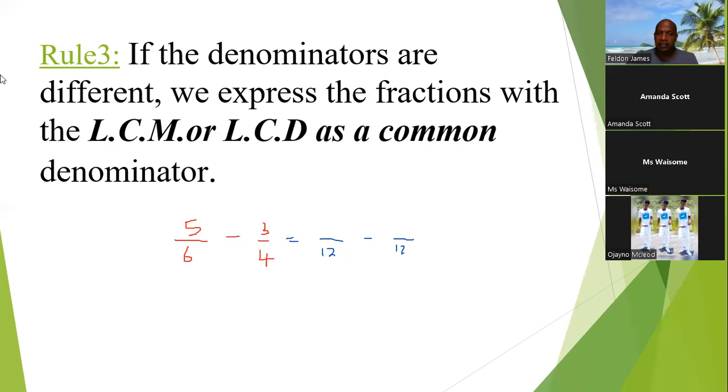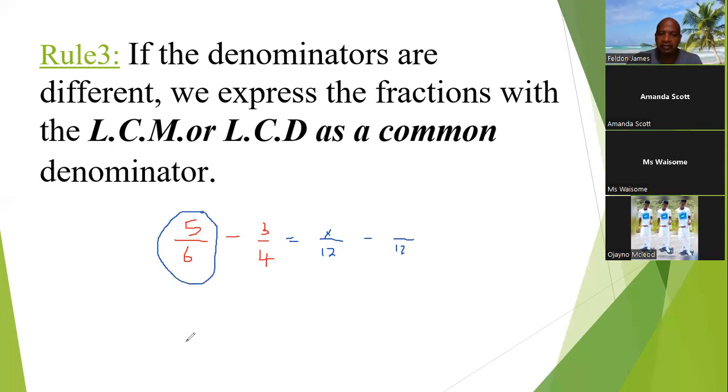So in other words, instead of having fractions cut up into 6 parts and 4 parts, we want fractions that are cut up into 12 parts. So we are saying that the fraction that has 6 parts and the fraction that has 4 parts can come out of 12 parts. So all we want to know now is, what would be the numerator for this first fraction over 12? What would we put up here? 10, sir.